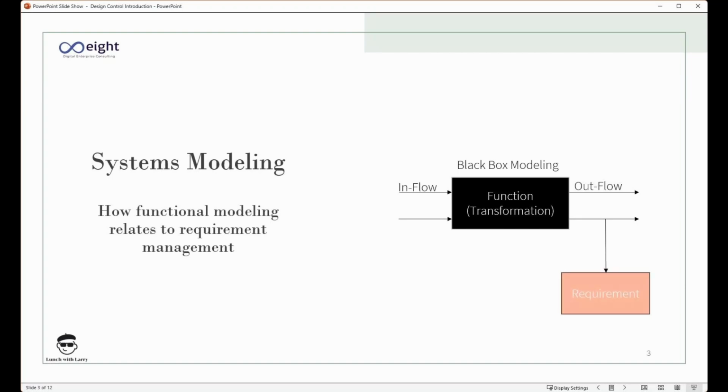So any inflow is coming from an outflow of a different function. When we create requirements, we're identifying the outflows of the functions, and those outflows each are going to be characterized by a requirement. So really what the requirements are doing is assuring that the outflows conform with our definition of what the function needs to deliver. And so this is the relationship between the systems modeling and the requirements.